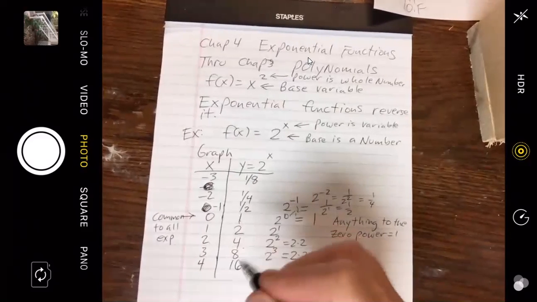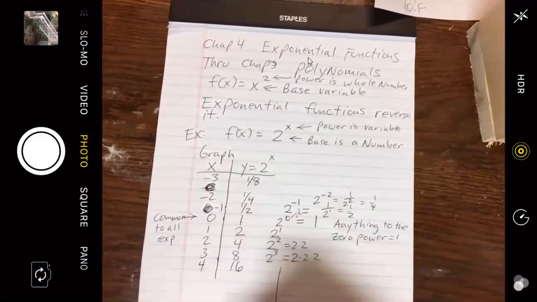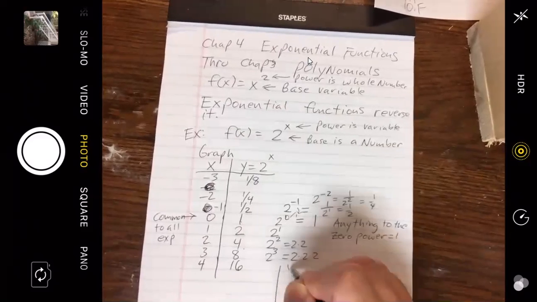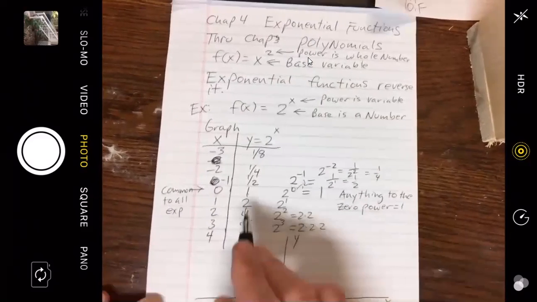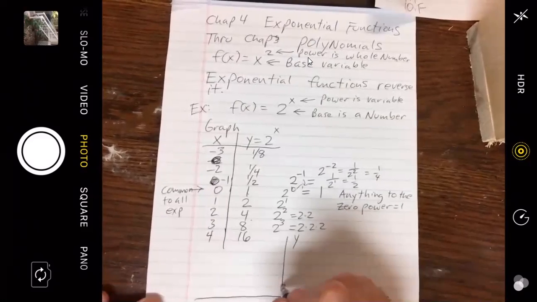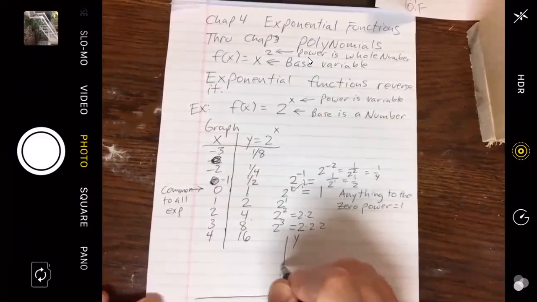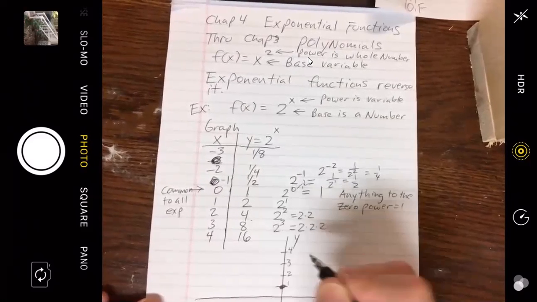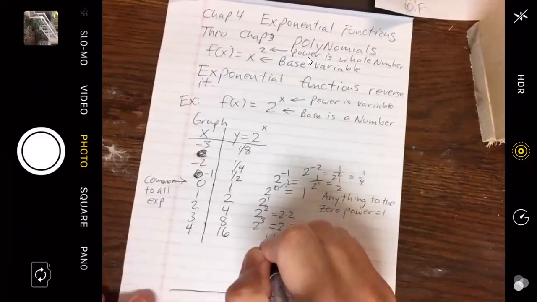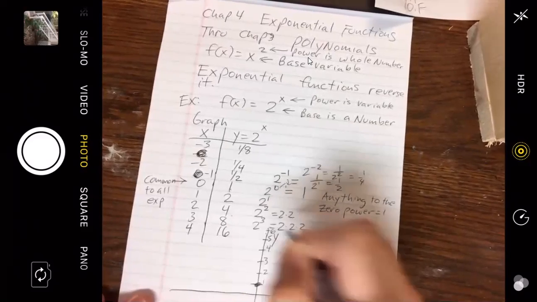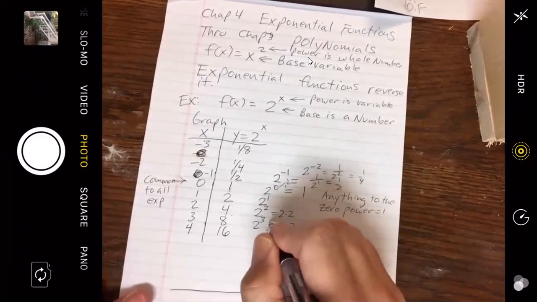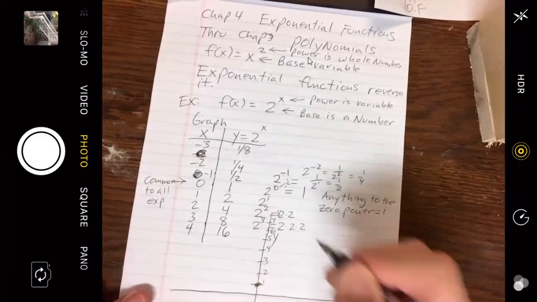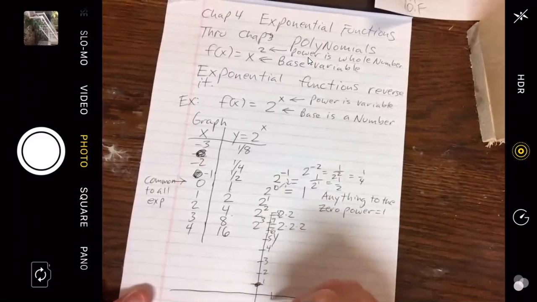All right, we show you a graph of this. Start from the middle, 0, 1. That's your y-intercept, 2, 3, 4, up to 8. 1 over, and you're up to 2.